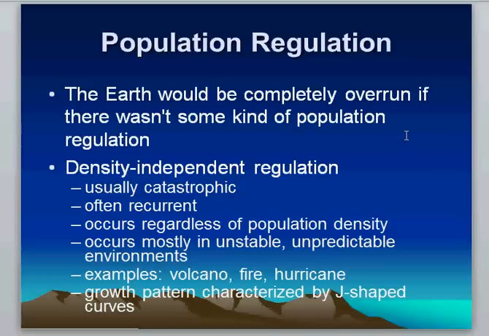It's quite often recurrent. It's recurrent because the very act of growing your population exponentially and eating out all the resources means that you have a boom and then a bust. Once you have that bust and low levels of individuals within your population, then the resources that are relied on by the population get a chance to recover.